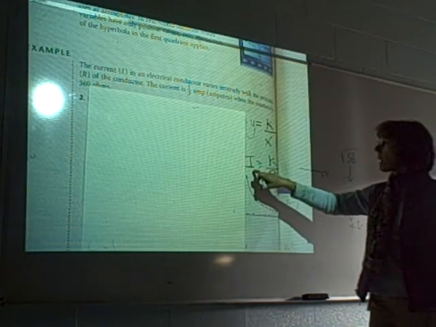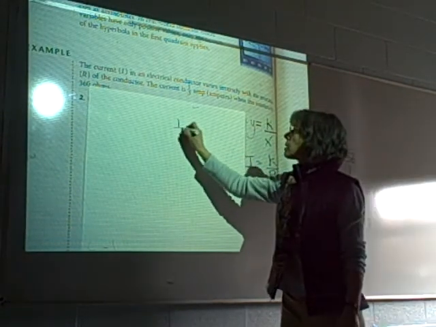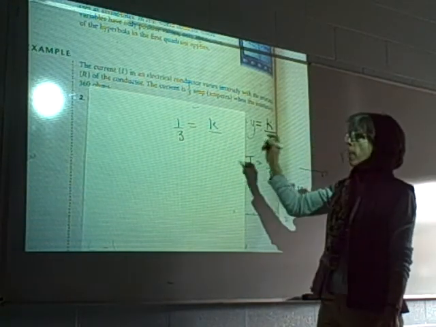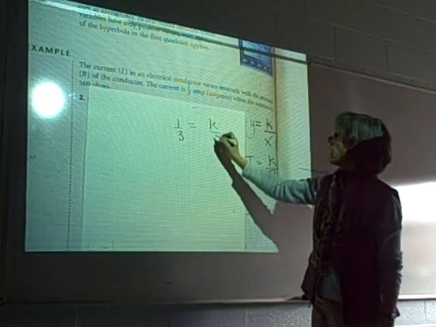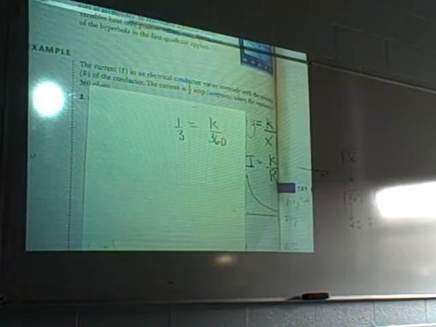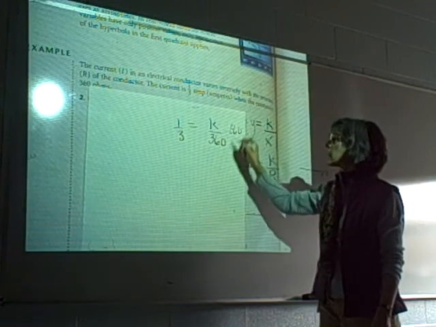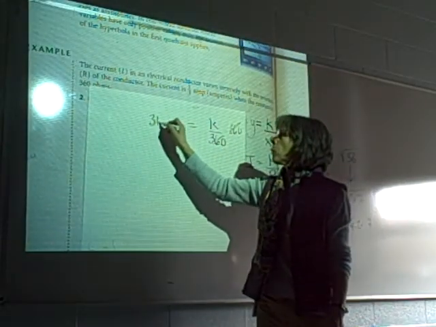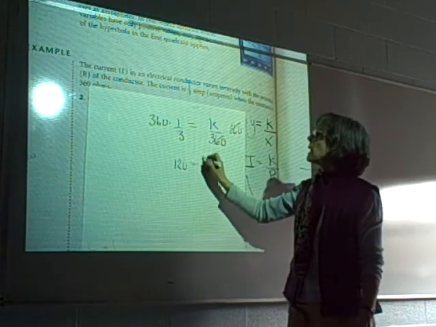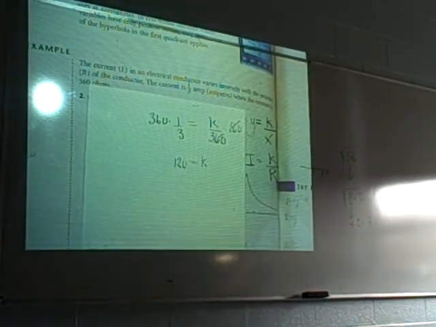The current, my I, I could write as 1/3 is equal to K over R, when the resistance is 360. How do I get rid of 360? Multiply by 360. And 1/3 of 360 is 120. 120 is my constant.